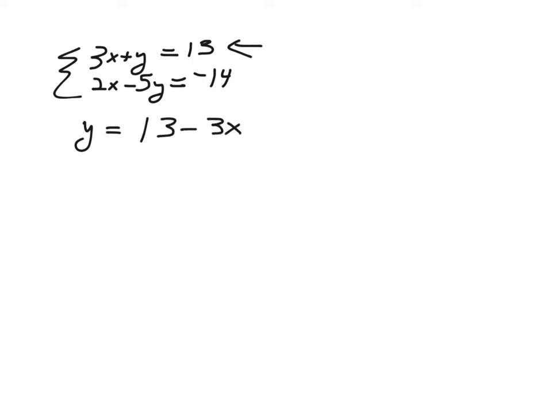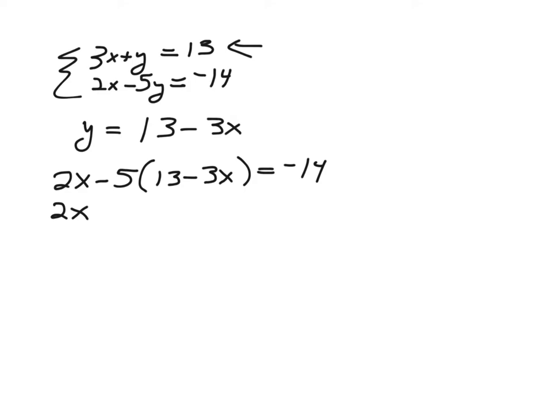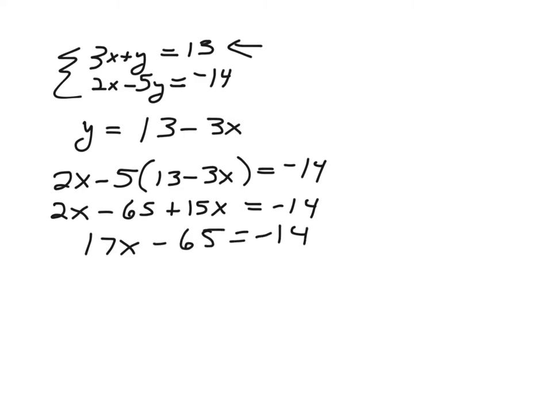If I substitute that into the other equation, y is 13 minus 3x. So I have 2x minus 65 plus 15x equals negative 14. It gives me 17x minus 65 equals negative 14, or 17x equals 51, x equal to 3.